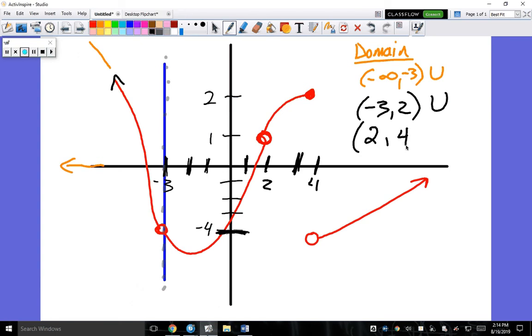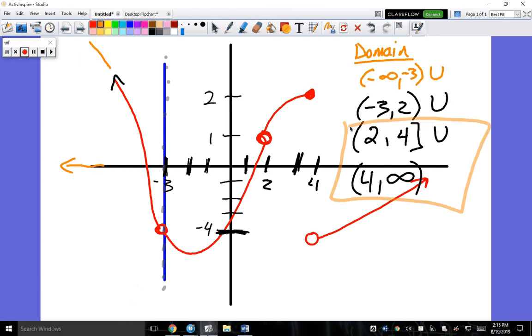Do I close 4? Yes. And then from 4 all the way to what? Infinity. Open on infinity, open on 4. And some of you are looking at this right now, and you probably already identified that I could have just written that as what? I could have written that from 2 to infinity.